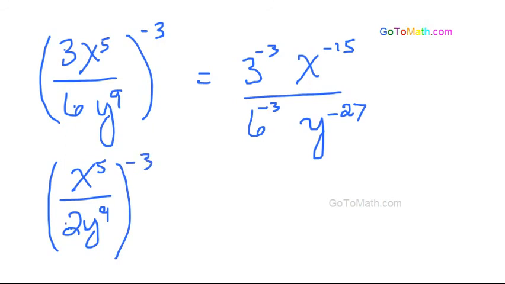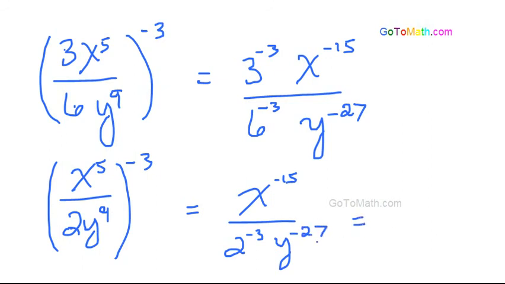Okay, we're going to work on this one. So we have x to the -15th, and 2 to the -3. And then we'll have y, so 9 times 3 is 27.